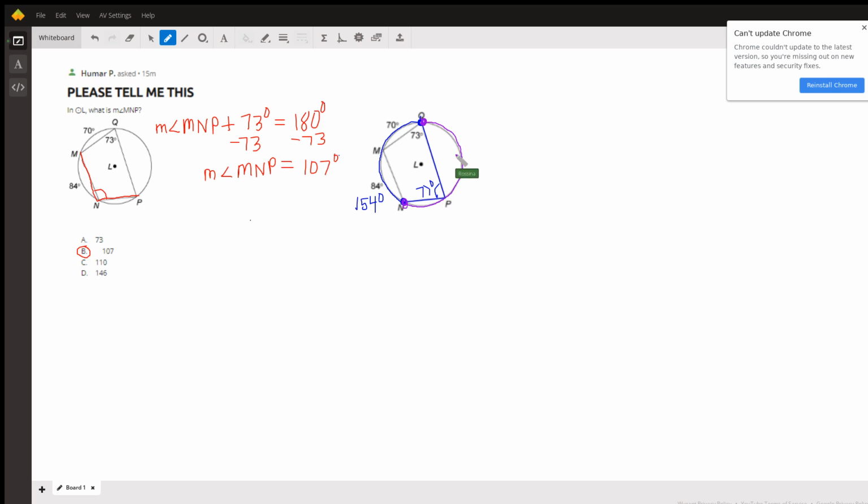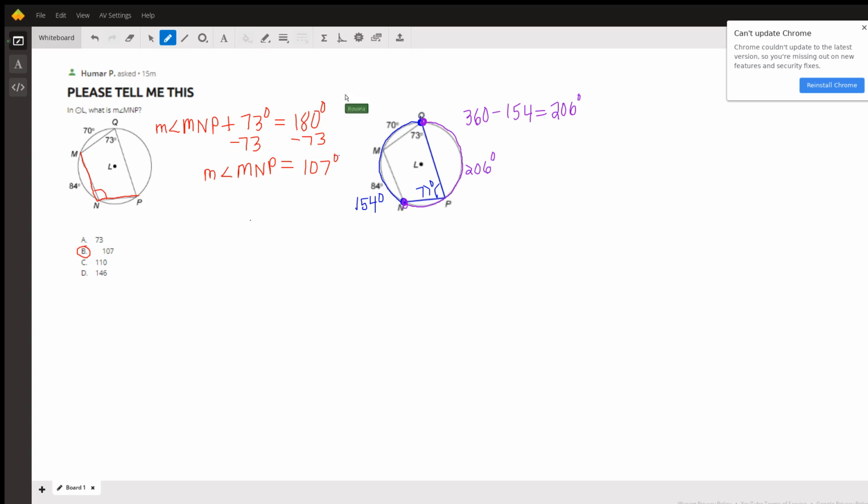The measure of this arc, well, how do we figure that out? Well, I know a full circle is 360 degrees. So I'll just take 360 minus the blue arc, NMQ, which is 154. And that's going to equal 206 degrees. The measure of this arc is 206 degrees.